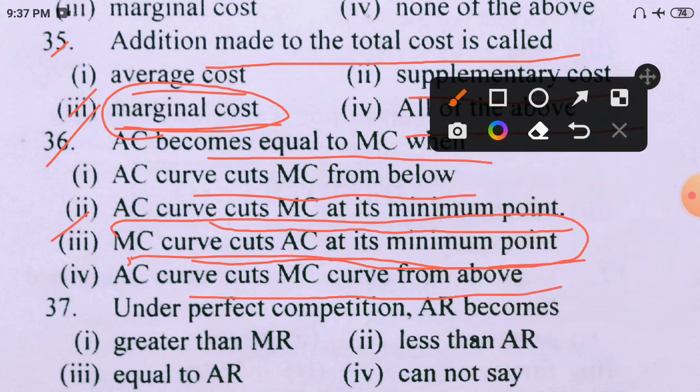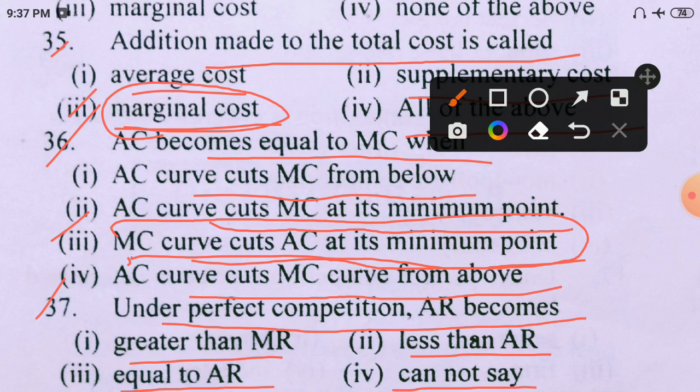Next, number 37. Under perfect competition, AR becomes: (i) greater than MR, (ii) less than AR, (iii) equal to AR, (iv) cannot say. Which is the correct answer?